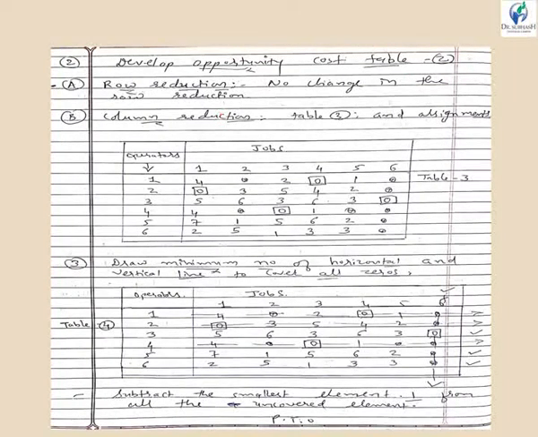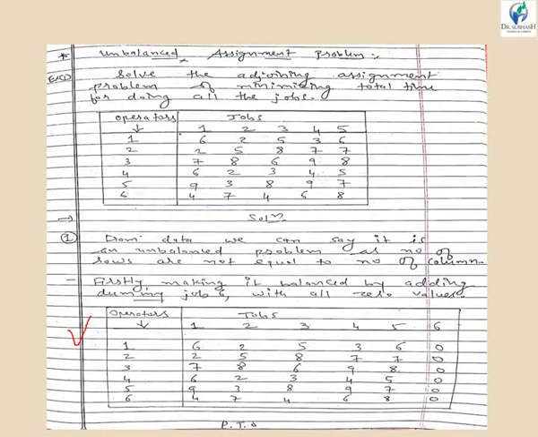So the first step is row reduction. Each row has a 0, so all the row values will remain as they are, which is why I have not written them. Now coming to the column reduction. Taking this main table as table 1 as a reference, the smallest value in column 1 is 2, so subtracting 2 from all the other values, it will become 4, 0, 5, 4, 7 and 2.